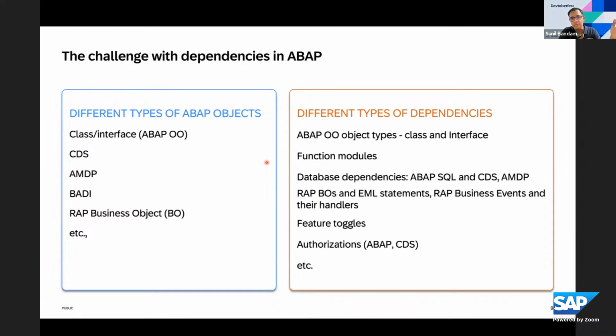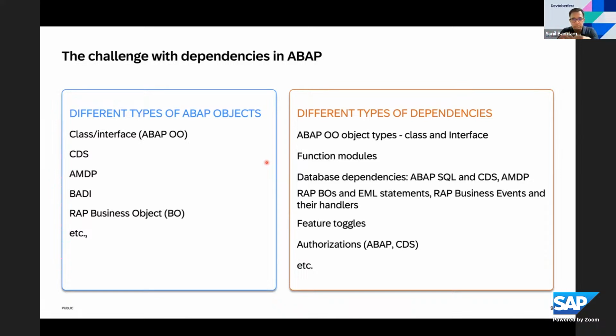Different types of ABAP objects, and each of them will also have different types of dependencies. Right? The dependencies again could be ABAP object types like classes, interfaces, or function modules like the call function statement that you can have, or database dependencies, ABAP SQL statements and CDS, AMDPs. As I mentioned, the BOs, EML statements, and the business events from RAP and the event handlers.